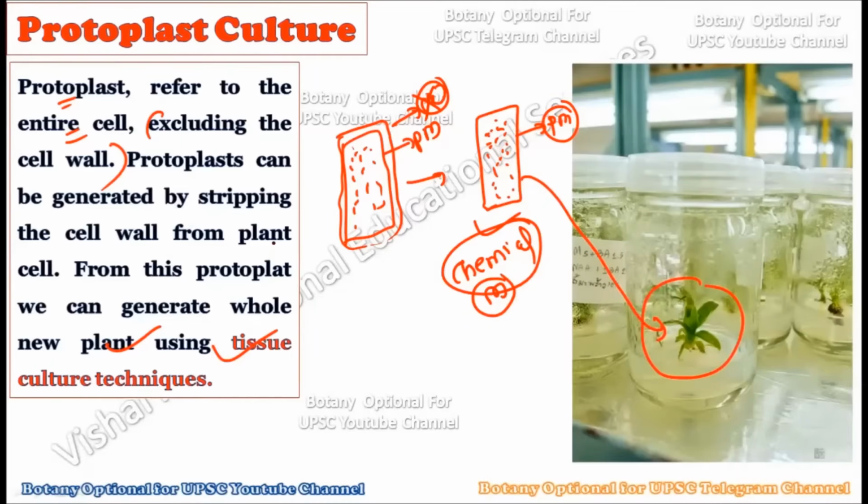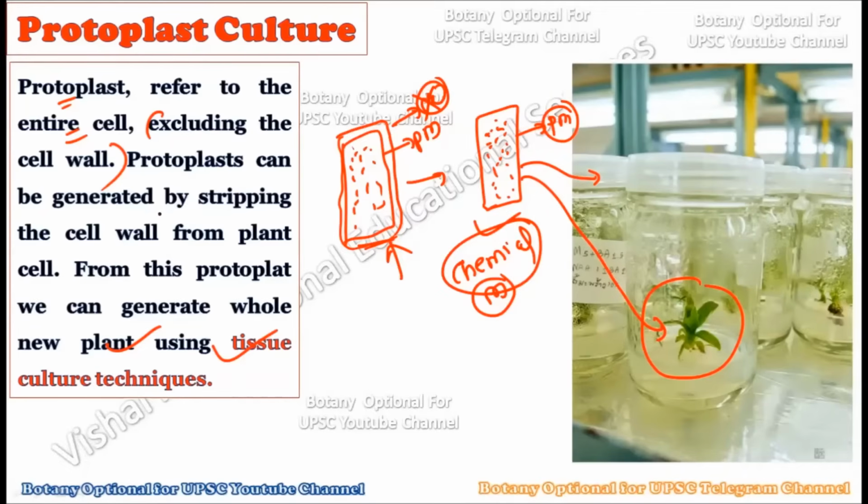From this you can see that the cell wall does not play much role in the development of the plant by plant tissue culture techniques, because protoplast itself possesses the totipotency to be converted into a whole new plant.